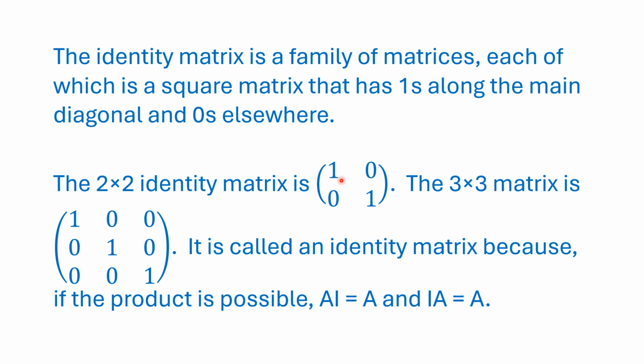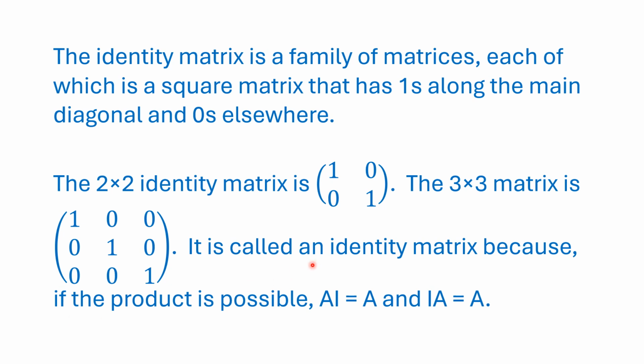There'll be ones down the main diagonal and zeros everywhere else. So the 2 by 2 identity matrix looks like this: 1, 0, 0, 1. This is the 3 by 3 identity matrix: 1, 0, 0, 0, 1, 0, 0, 0, 1.